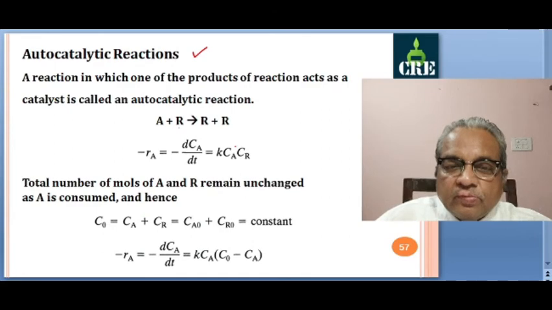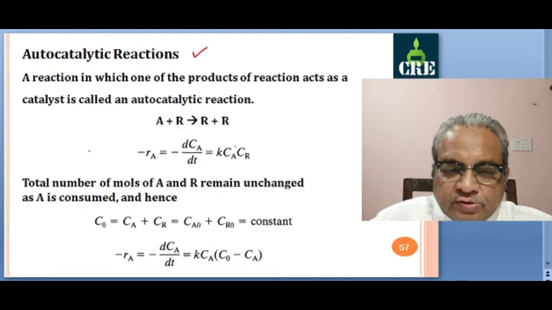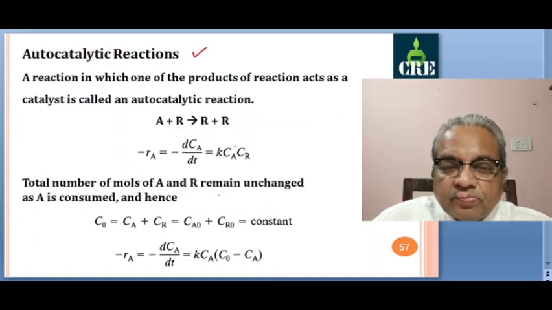But we will see simple kinetics in order to understand the integrated form and how to find out the rate constants. The orders are already known, so we are looking into the integral method of analysis. The total number of moles of A and R will remain unchanged.